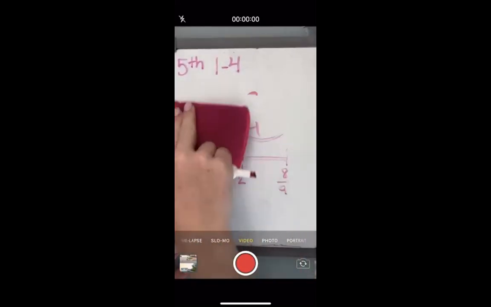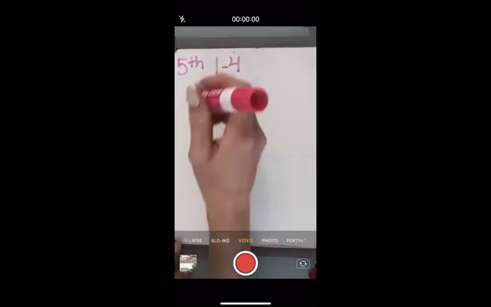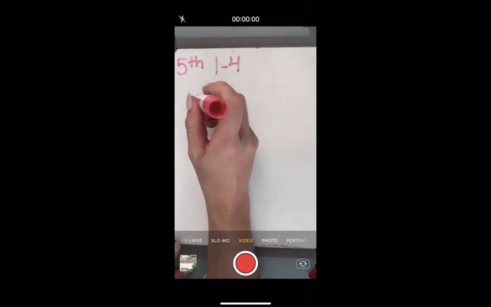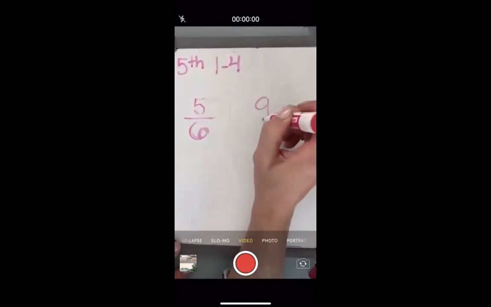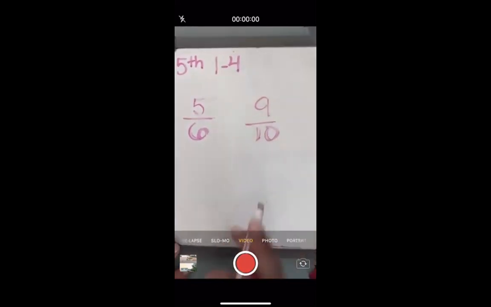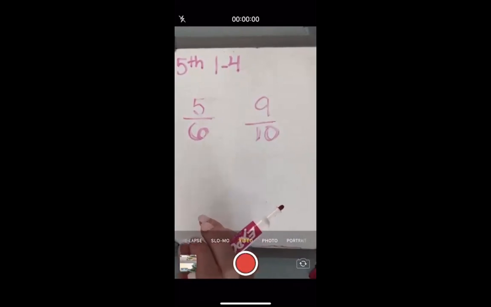But what if we had two fractions that were both pretty close to a whole? Well, I'm going to have 5/6 and 9/10. I could say, let's find a common denominator. I can multiply this by 10, multiply this by 6. Now we're working in 60ths, and it's just really big and confusing.